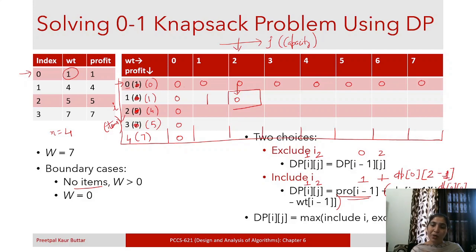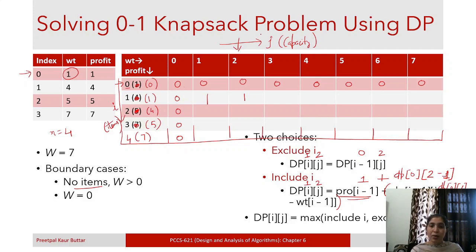So after including this item into the knapsack, the weight which is left is 1. So what is the solution to this problem? dp[0][1], that is this is 0. Its solution is 0. So 1 plus 0 is 1. So 0 and 1, the maximum out of them is 1, right?